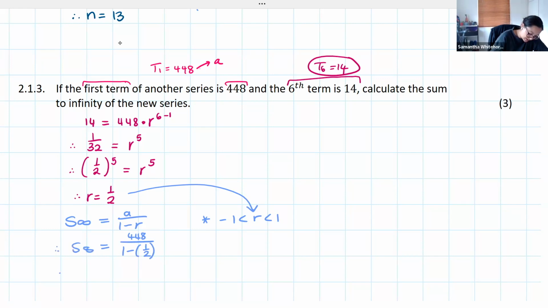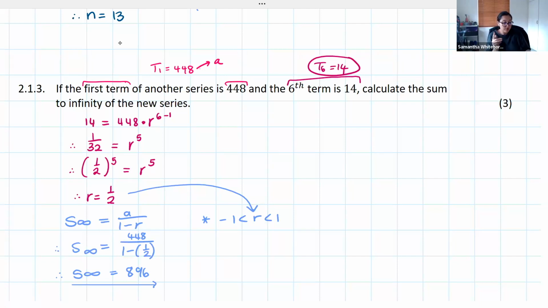And so I get that my sum to infinity, that looks like an 8, I'll fix it, is 896. All right, so nothing super complicated. And again, even if you didn't see the link with the R, you can go and work it out. So it's really not the end of the world.